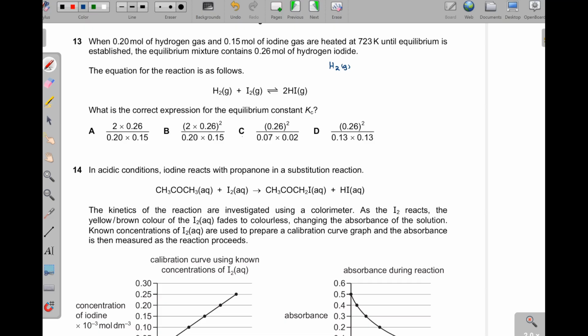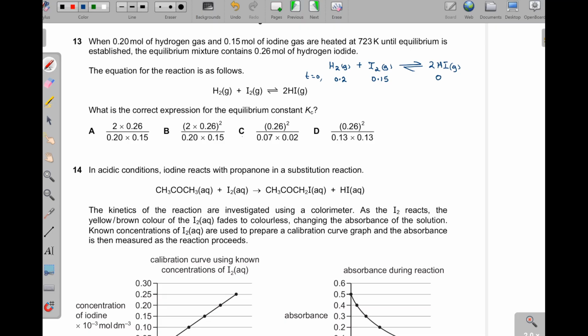Hydrogen here reacting with iodine, then to give us 2 moles of hydrogen iodide. Okay, now at the start, at t equal to 0, we are given 0.2 moles of hydrogen. So I'll put 0.2 here, and then for iodine is 0.15.